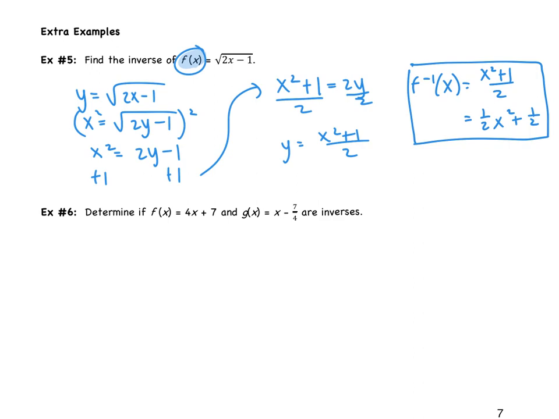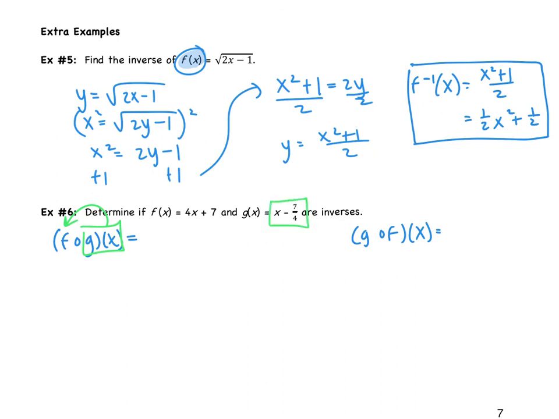Example number 6 is one where we are determining if the functions are inverses. So determine if f and g are inverses. So we are going to start by finding f of g of x, and then we'll find g of f of x. This first notation, I am taking g of x and substituting it into f.